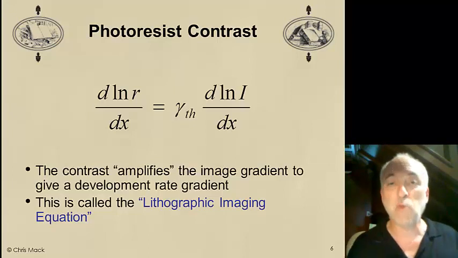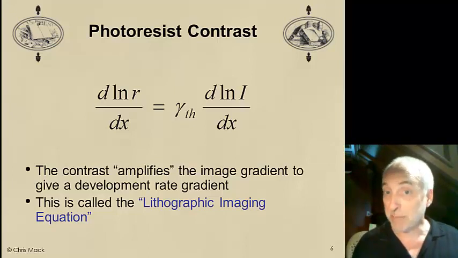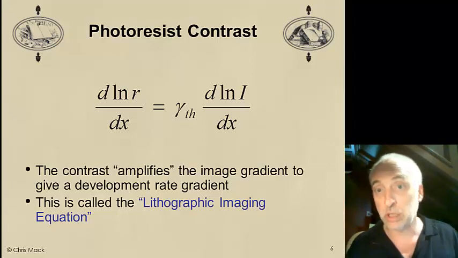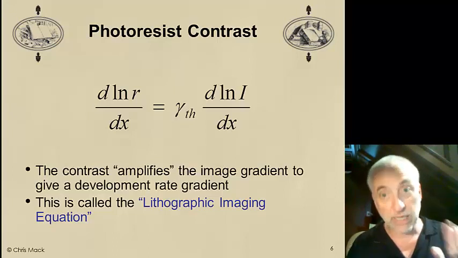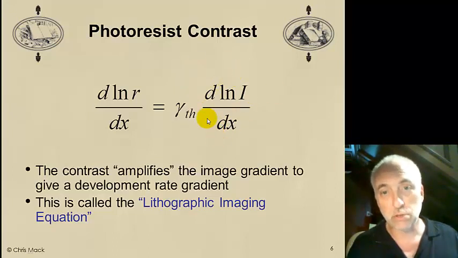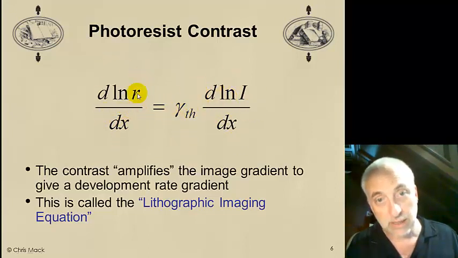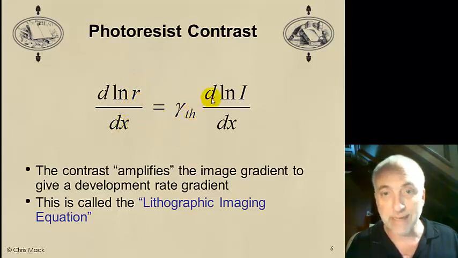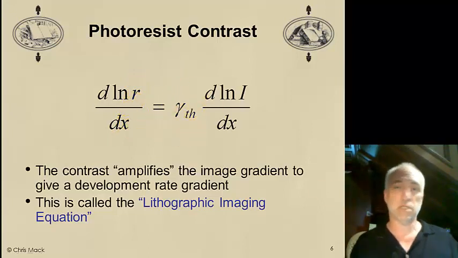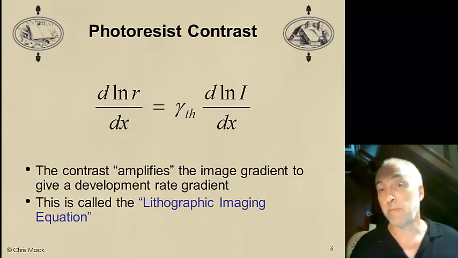This now tells me why high gamma is a good thing. If I have a large gradient of my image, I can get by with a low gamma and still get good results. But if I have a low gradient, in order to get a steep gradient in development rate, I need a high contrast in my photoresist. Here's an explanation of why large gamma is a good thing.